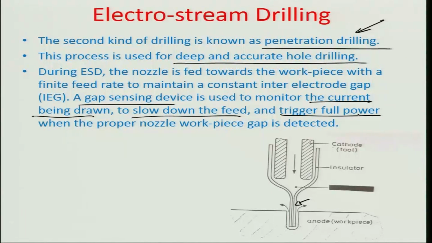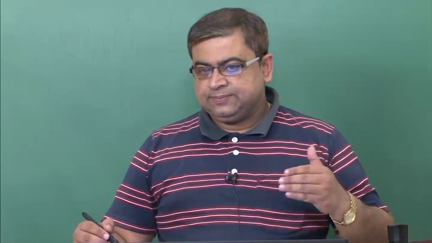This gives you a proper nozzle to workpiece gap. Although the nozzle is an insulator here, if you can monitor the voltage of the stream at the tip of the nozzle, that could be the basis of a pseudo nozzle, which could give you a potential gradient between the tip of the insulating nozzle and the workpiece surface, and that gradient can be utilized to calculate the gap given a certain feed voltage into the system. So that is another variant of the electrostream drilling process.